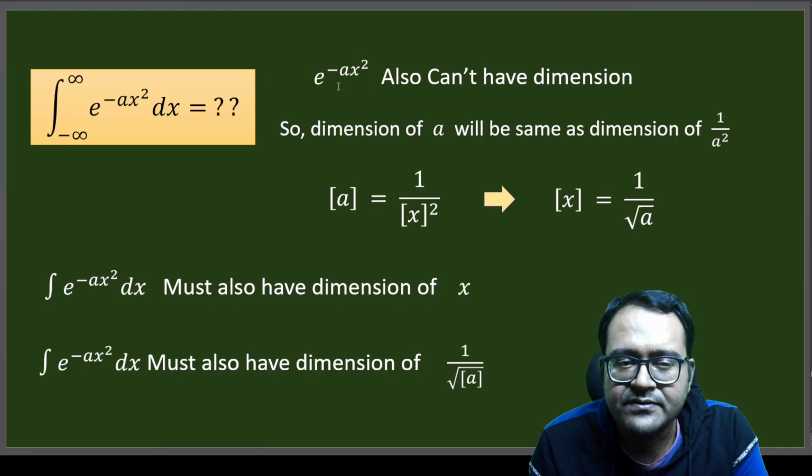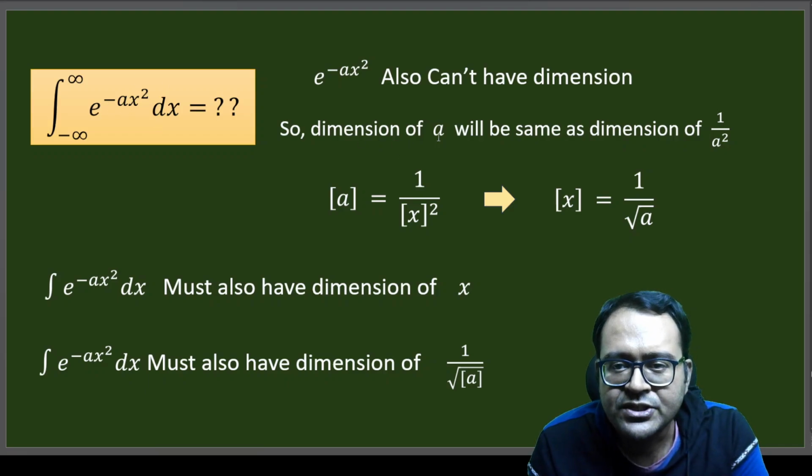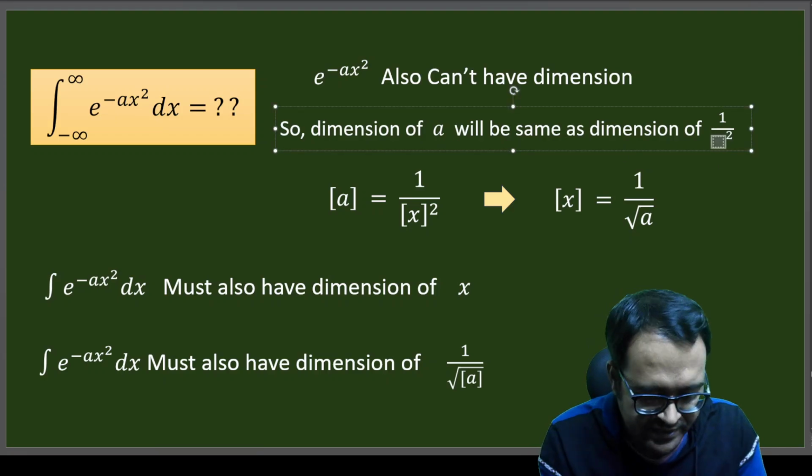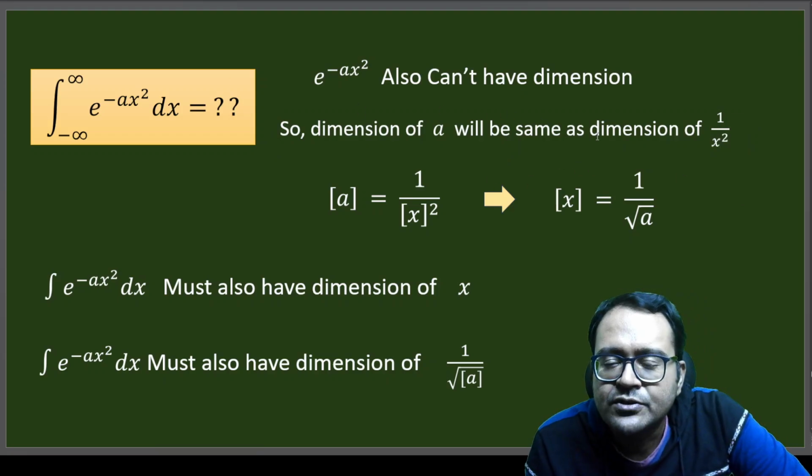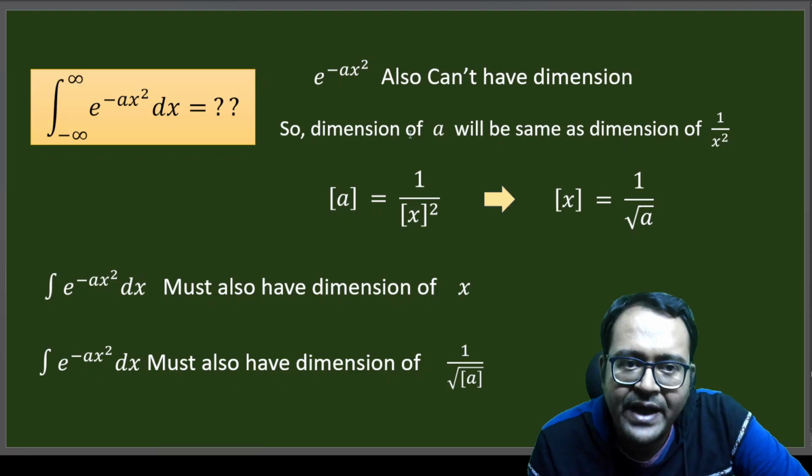So first thing first, e to the power minus a x square cannot have any dimension because it is inside the exponent. So the dimension of a, and this is also a typo, should be the same as the dimension of 1 by x square.